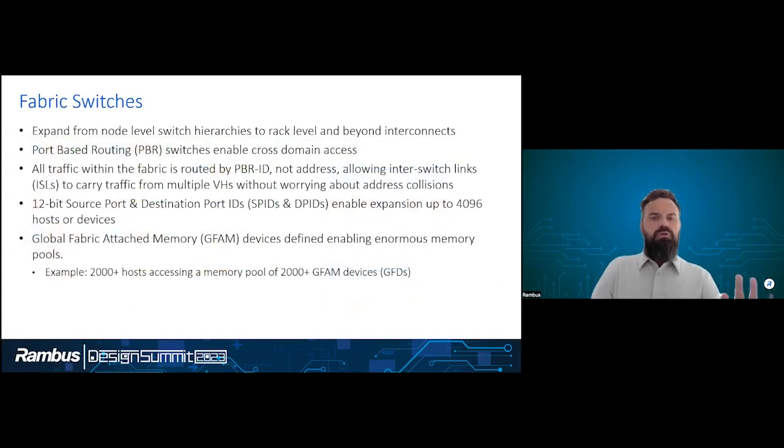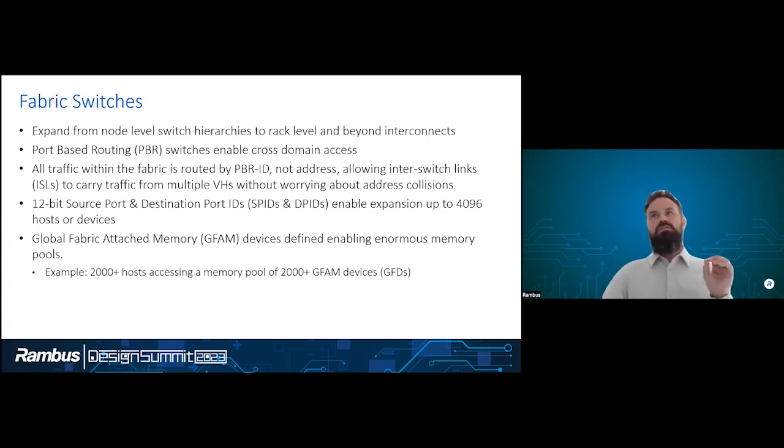So the new fabric features provide a robust path to expand composable systems even beyond the rack. As you can see, the new port-based routing mechanisms allow us to connect swaths of switches, HBR, PBR type switches, and many devices.